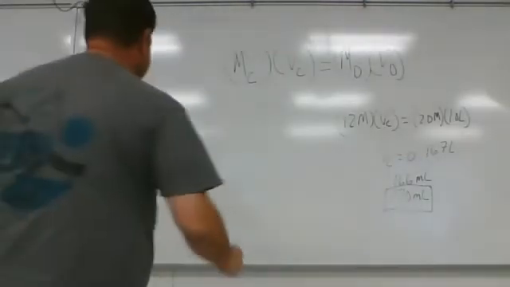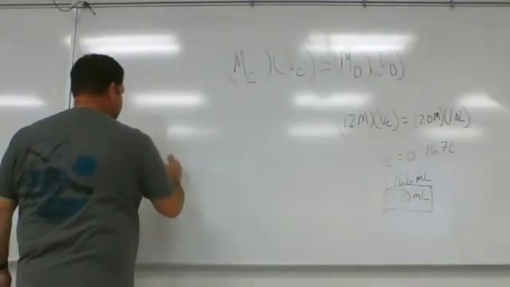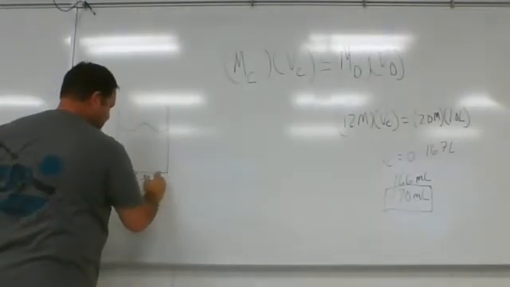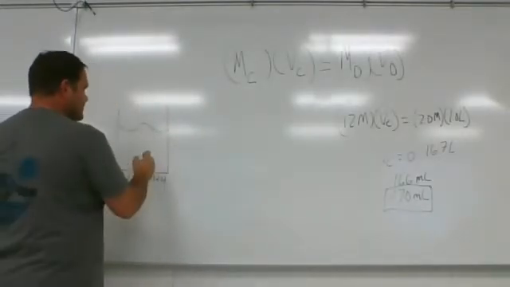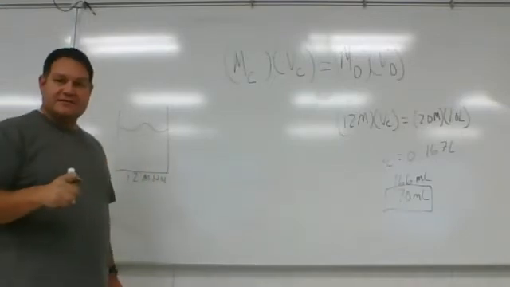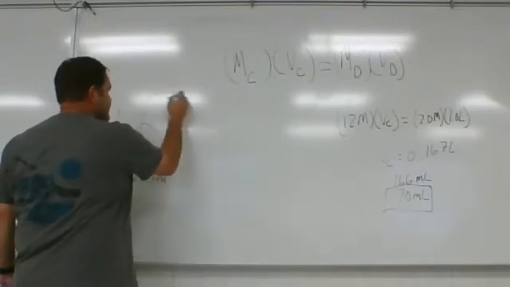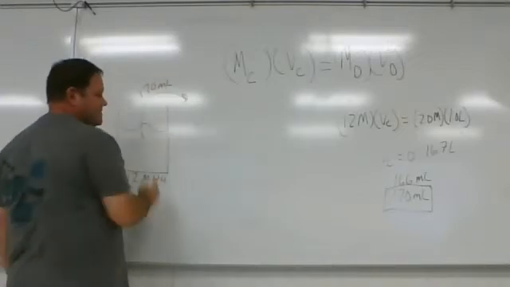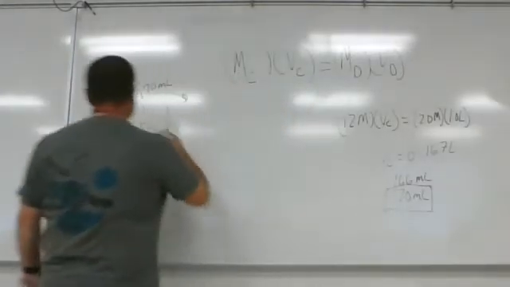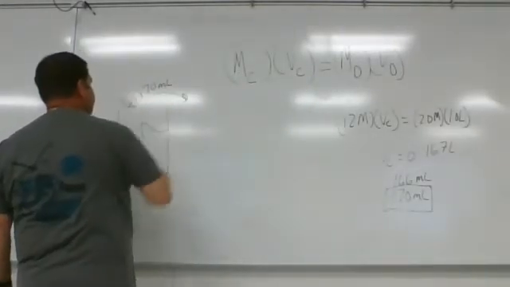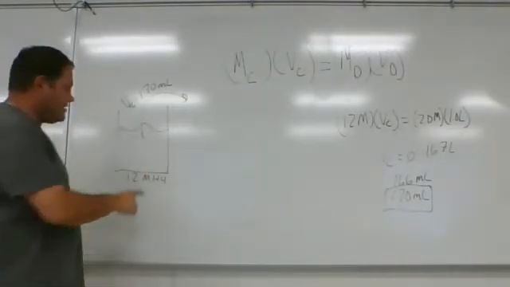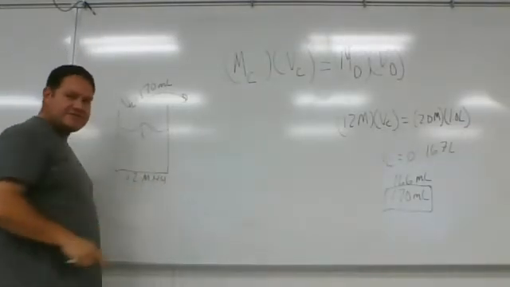What I'm going to do is pipette out of this 170 milliliters, the calculated volume, that's my VC volume. I'm going to remove by pipetting 170 milliliters out of that.